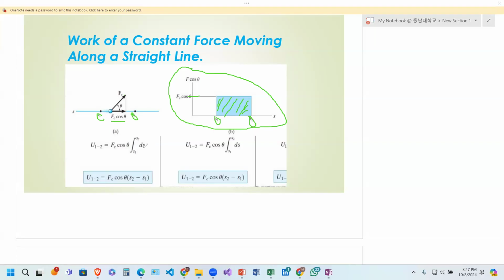If we have an equation, then we can easily integrate. Integrating Fc cos theta ds from S1 to S2, we are going to have Fc cos theta times (S2 minus S1), because the limits are defined. When you integrate that, this is what we have. I believe that is very simple for most of us, okay?